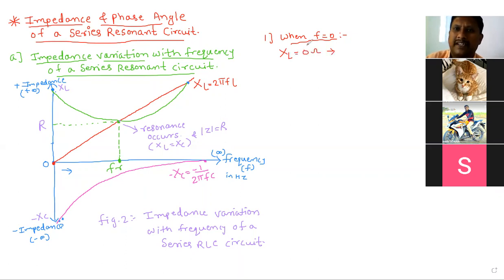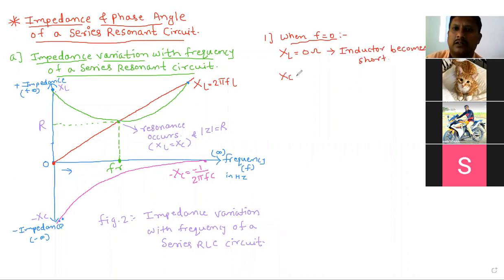So if impedance is 0, what is the practical meaning? What is the resistance of a short circuit? It is 0. So if XL becomes 0, the meaning is that the inductor becomes short. So at resonance, when frequency is 0, the inductor becomes short.